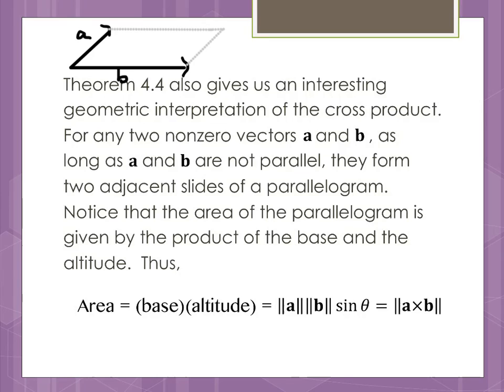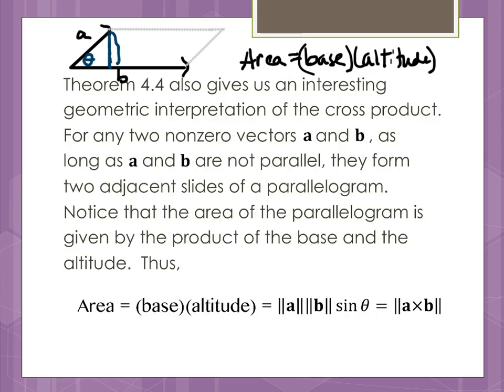The area of a parallelogram is the base times the height, and the height is actually the altitude. We call it the altitude so as not to get confused with the side length. So here's the base, B, and then the altitude is this piece right here. I'll draw it in blue. This is the altitude, and here's the angle theta in between.